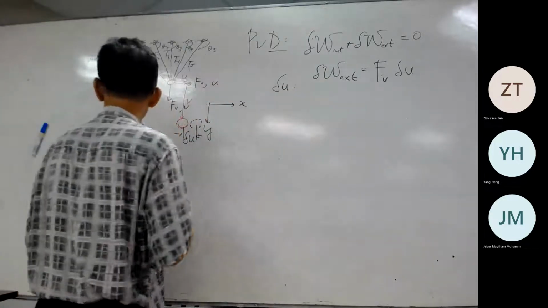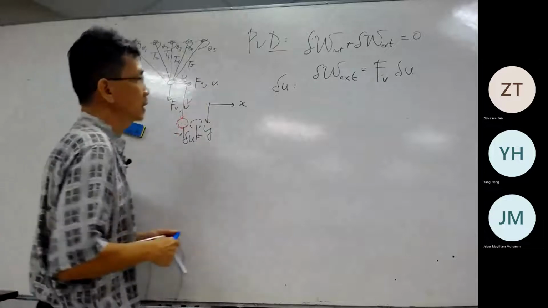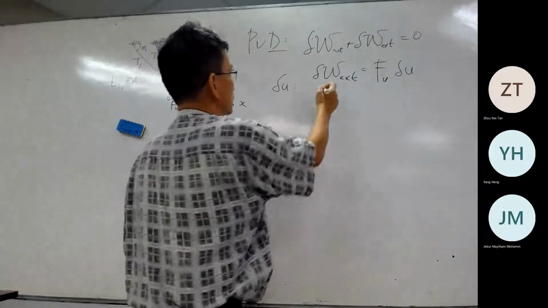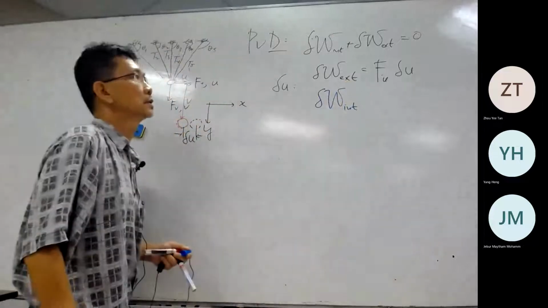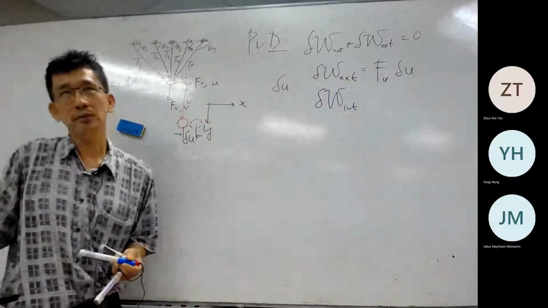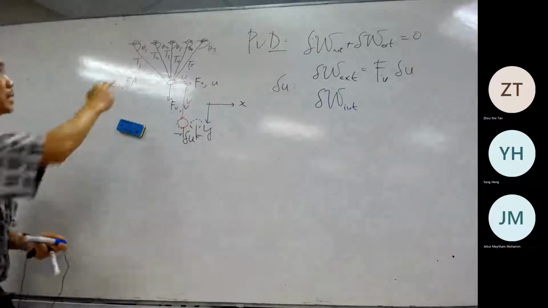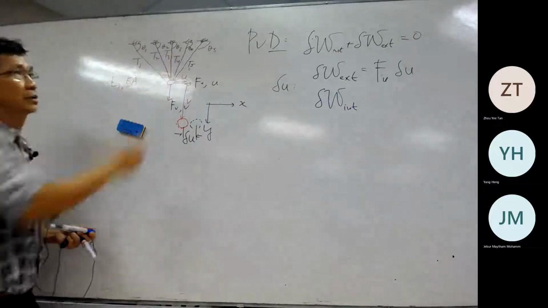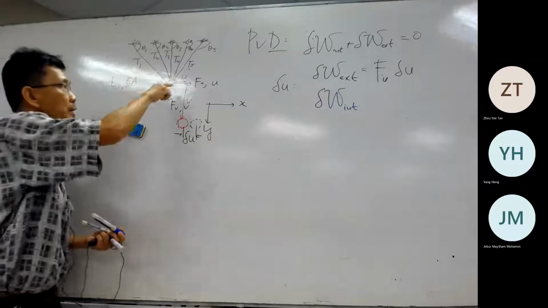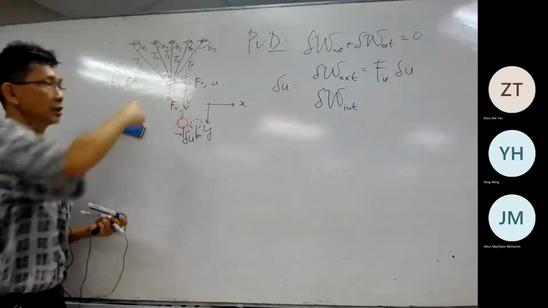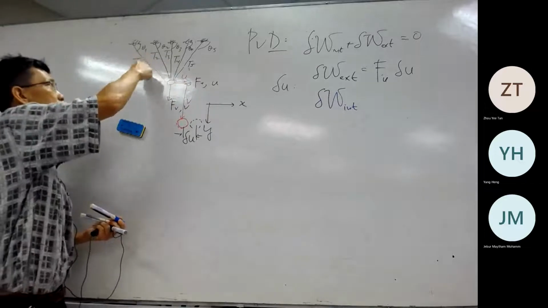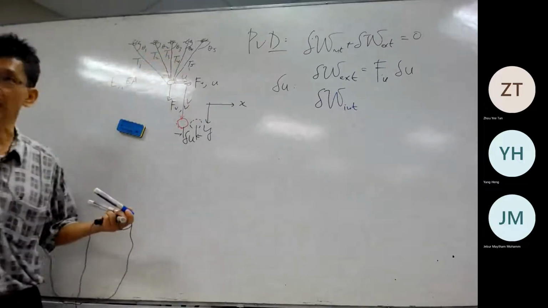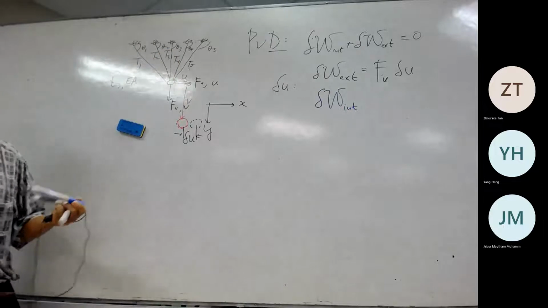So next, to get internal work done, we have to look at all this member here. When it is acted by this loading, you have internal forces T1, T2, T3, T4, T5 all developed in the member.